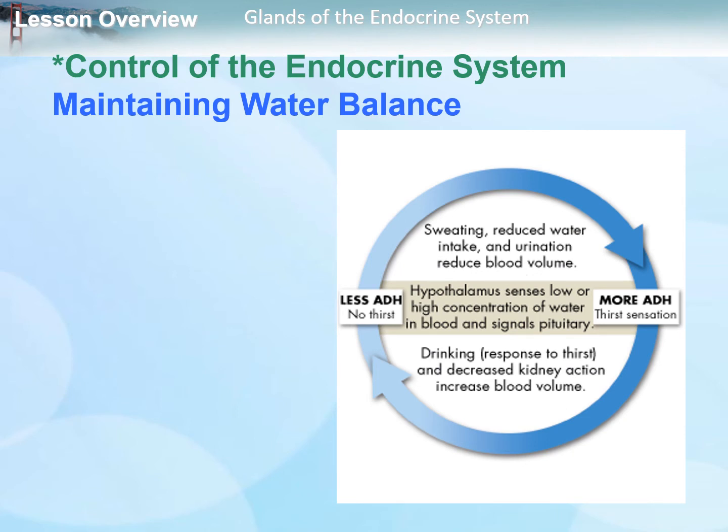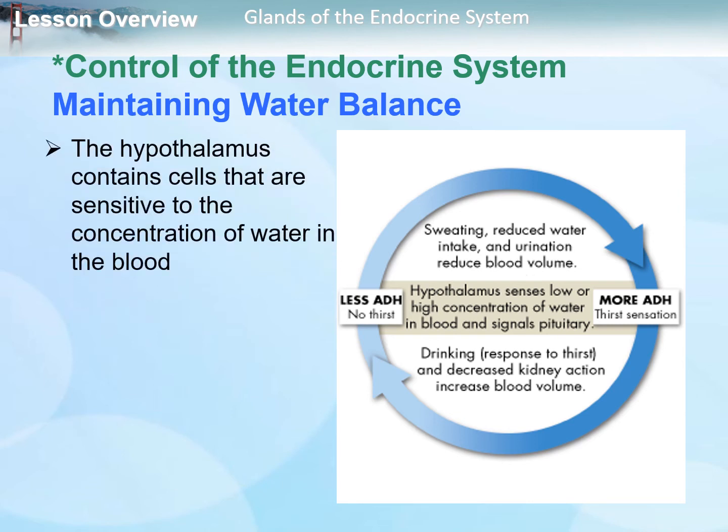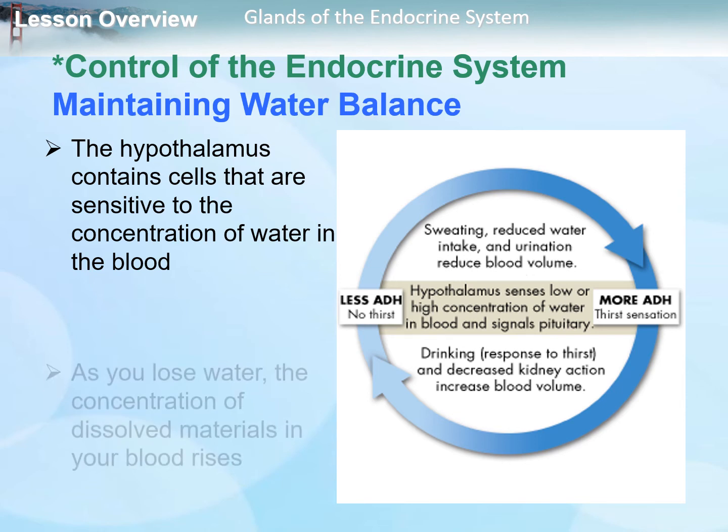Now, how are endocrine glands controlled? Like most systems of the body, the endocrine system is regulated by feedback mechanisms that function to maintain homeostasis. An example of it is how the body maintains water balance. The hypothalamus contains cells that are sensitive to the concentration of water in the blood.